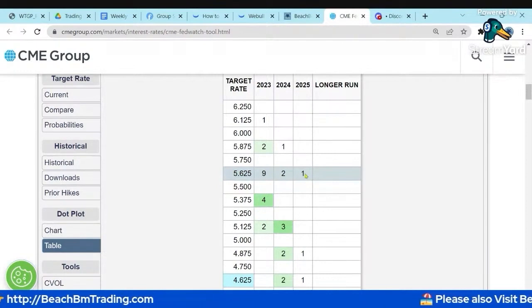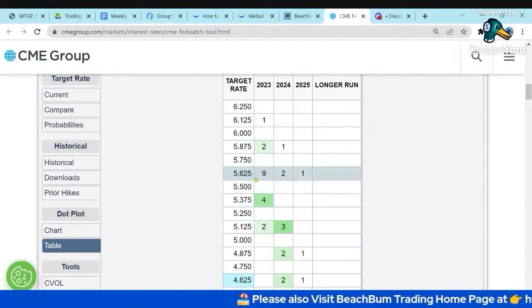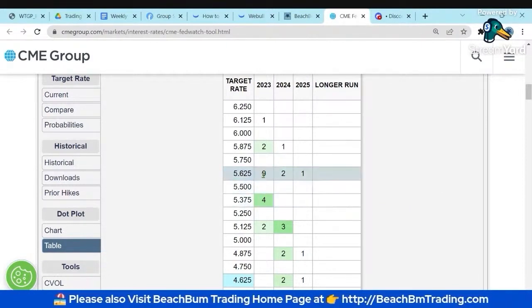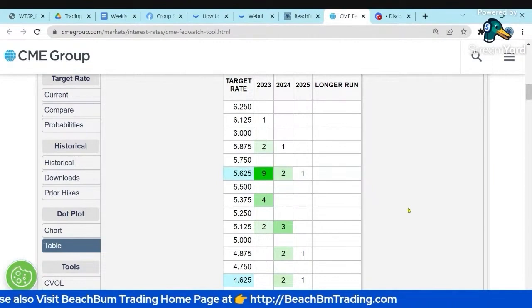So we can see where they put the number of votes. So the vast majority right now is at 5.6. So another, at least 1 more hike.